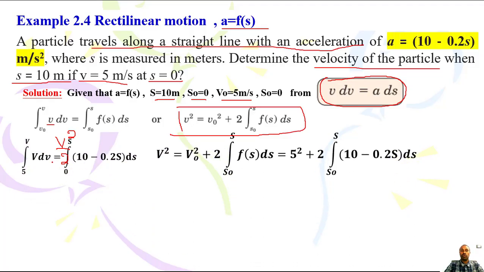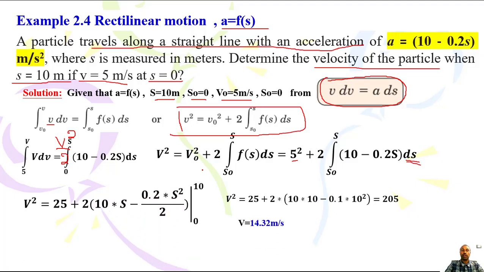So the final velocity v square is this one. The initial velocity is already given, 5 squared, plus 2 times f of s, which you have here, 10 minus 0.2 s. Since it is in terms of s, you can integrate. After integration, you have 10 times s, where 10 is a constant, then 0.2 s square over 2 from 0 up to 10.